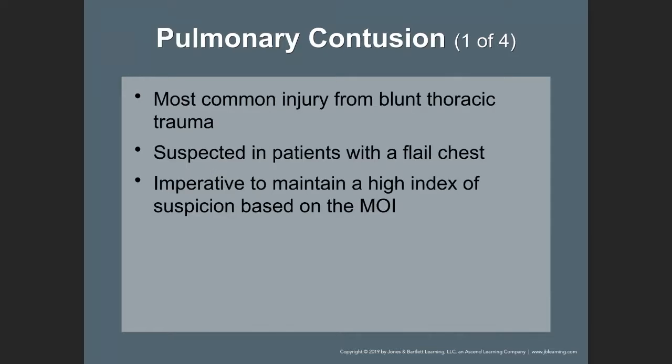Pulmonary contusion. Most common injury from blunt thoracic trauma. Suspected in patients with a flail chest; it is imperative to maintain a high index of suspicion based on the MOI.